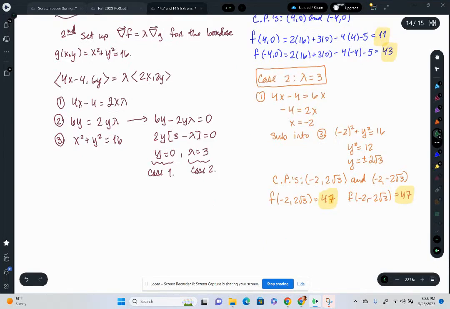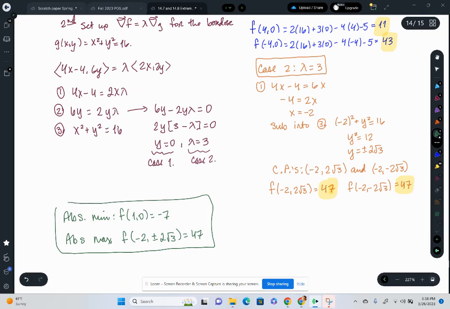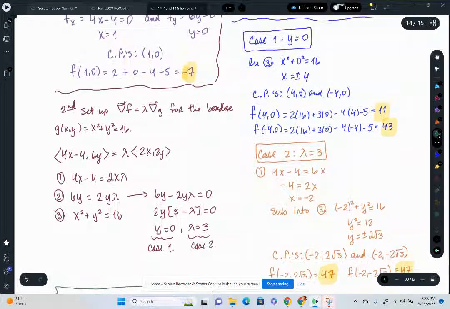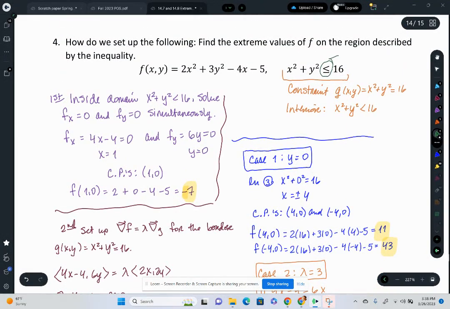Okay, so it looks like the absolute min came from that interior point of f of (1, 0) equals negative 7, and the absolute max is coming from what we found here, which it looks like f of (negative 2, plus or minus 2 root 3) gave us 47. Okay, so the only difference in this one was really that we had to look in the interior. So this inequality that's up here makes you look at the interior.